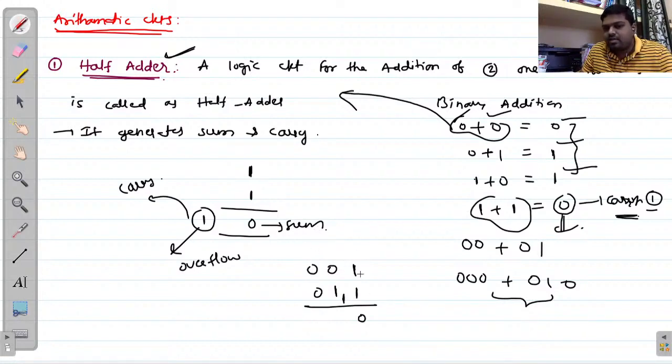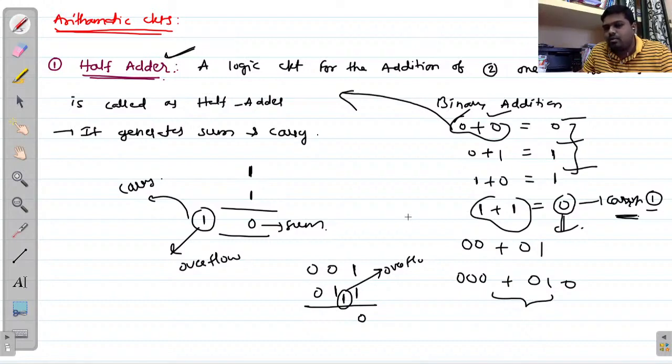In the first bit addition we are generating this carry, right? So we have sum, and in the same way we are getting a carry, okay. That carry is propagated to the second bit position. In that case this carry should be considered as overflow, okay. That means from one bit position to another bit position, if any carry exists, that can be treated as overflow.